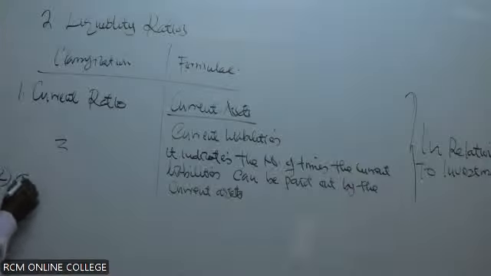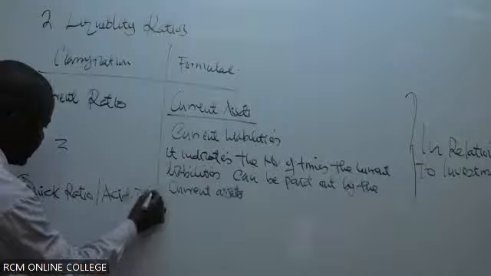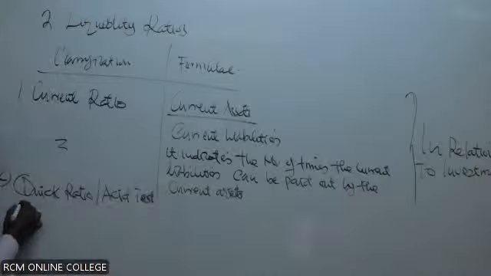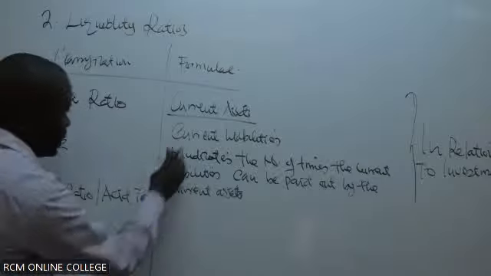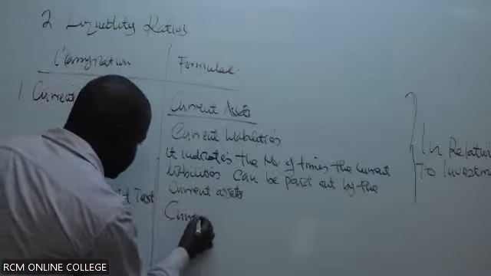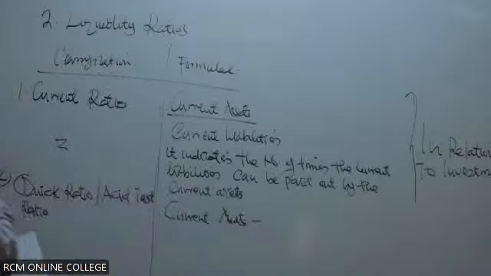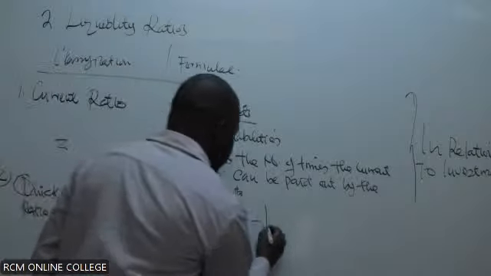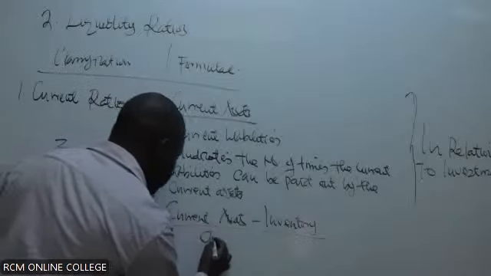In this case, you take the current assets, you minus inventory or stock, then you divide by the current liabilities.